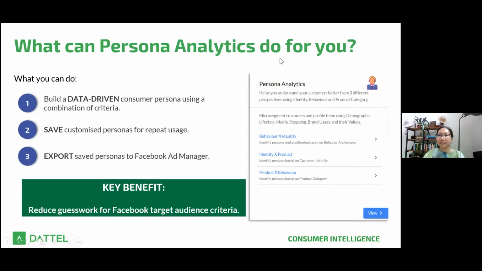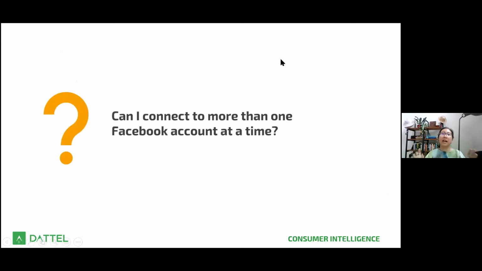All right. Now, there may be some questions, especially for those of you who are managing more than one Facebook account, where you've generated multiple personas for different brands and different clients. How do you connect to more than one Facebook account at a given time? What Voyager does is not permanently create a link between the persona you've generated and your ad manager.